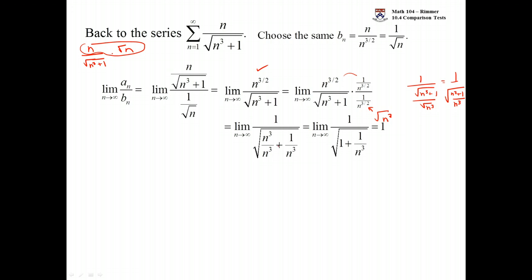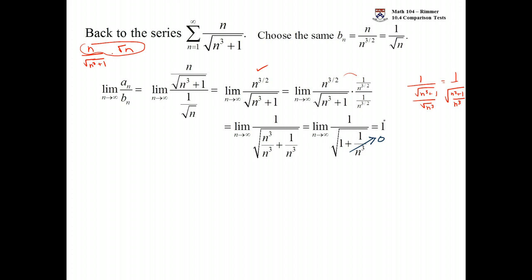And you end up with exactly 1, because the 1 over n cubed that was part of the denominator goes to 0 as n gets large.